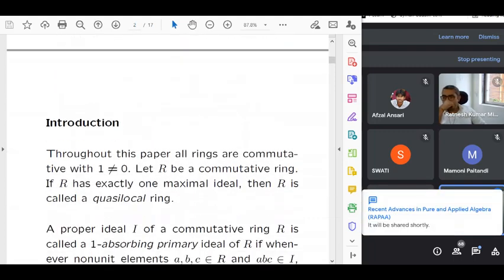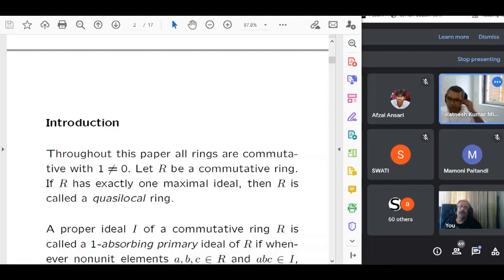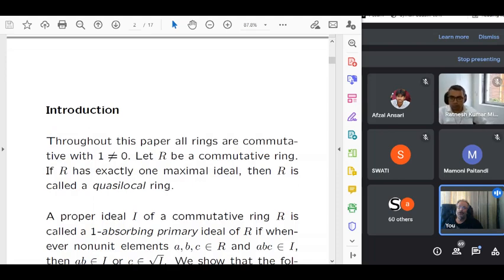So throughout this talk, can you see my slides? Okay, thank you. All rings are commutative with identity. And if the ring has exactly one maximal ideal, then we call it a quasi-local ring. I know many authors call it local, but I'm using the school of Gilmer and Kaplansky, and they use quasi-local.